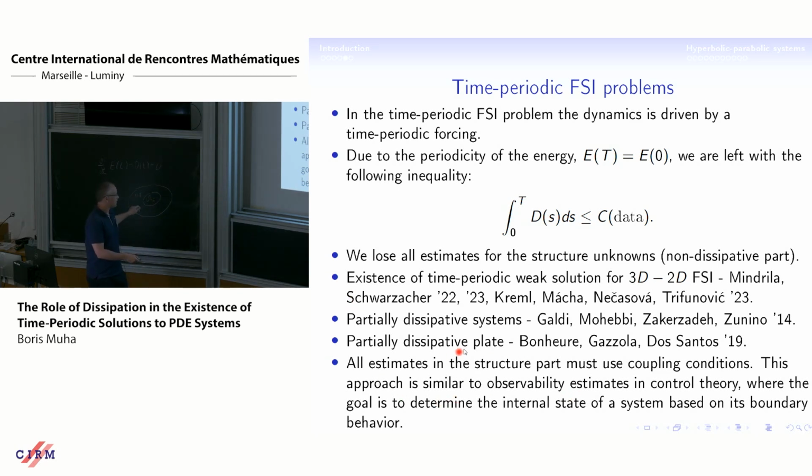Okay. But the point is that this estimate, which I said, has to go through the boundary. And this is in some sense reminiscent of observability estimates in control theory, because what you want is to somehow observe only the non-fluid domain, and you want to estimate everything just by observing the fluid domain.